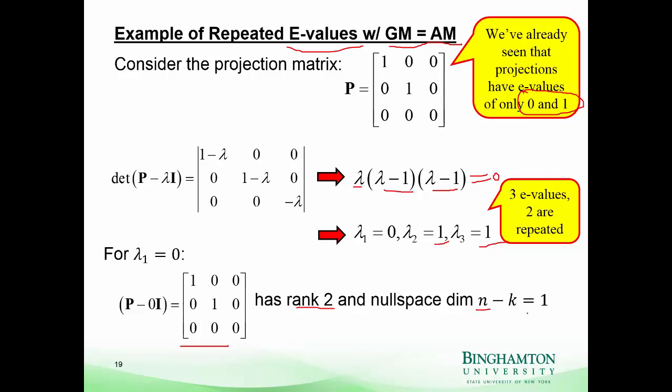So n is 3, so 3 minus 2 gives us 1. So there's going to be one eigenvector corresponding to that eigenvalue. And there it is. You can verify that that actually works. So that's good. One eigenvalue, one eigenvector. That's perfectly what should happen.